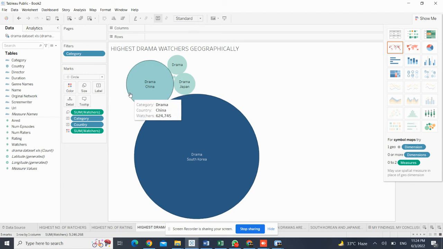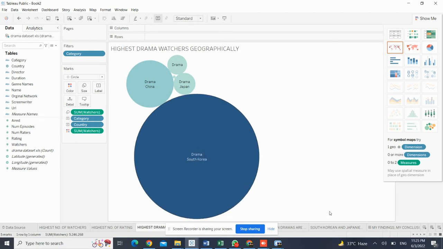When I selected the category, I excluded the movies and selected only dramas. The highest dramas geographically are South Korean dramas, then Chinese, then Japanese, and it makes sense. It gives a good visualization: the color of the larger bubble shows greater numbers, and the color differentiation also makes it clear which has the highest number of watchers.